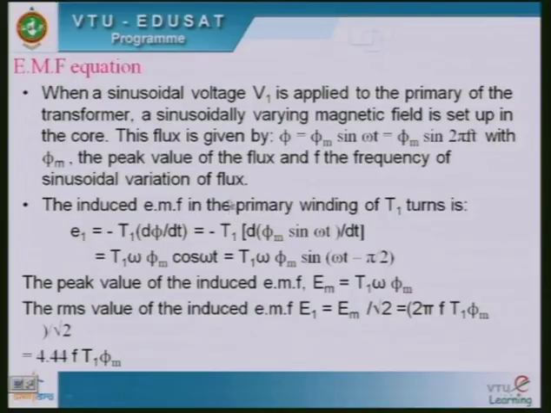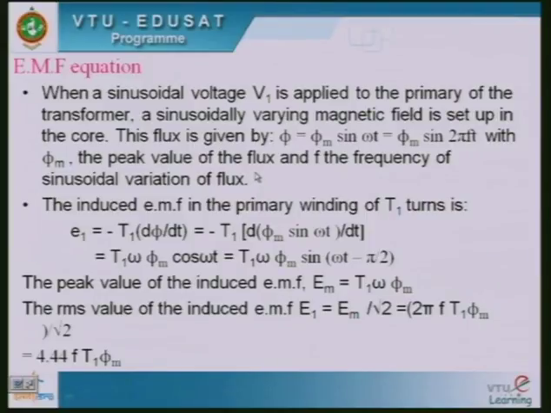Now the flux produced by the primary winding also links with the primary winding. As the flux is alternating, there will be a change in the magnitude of the flux. So as per Faraday's laws of magnetic induction, whenever there is a change in the magnetic flux linking the primary winding or any winding, there will be a voltage induced.